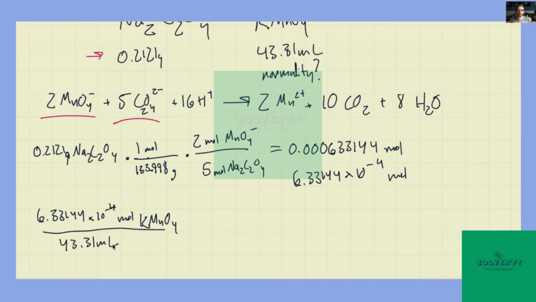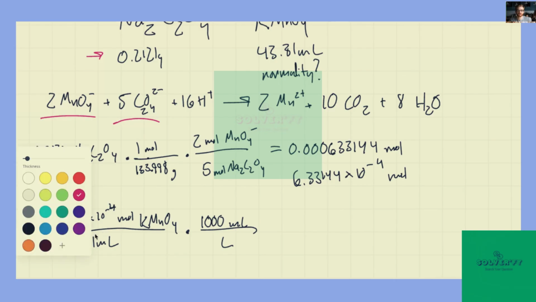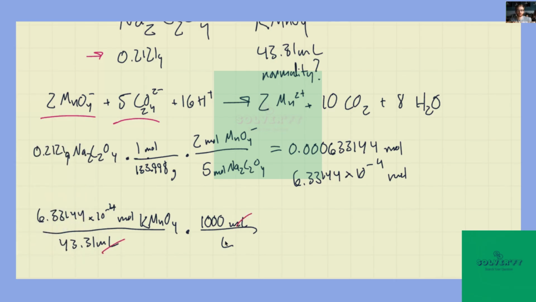But we know that we want liters in the bottom, not milliliters. Right, so we'll use a conversion factor to convert mL to liters. There are 1,000 milliliters per liter. If we look at this, what it would do to our units, we'd lose mL, but we'd have liters in the bottom, so that's exactly what we want. Okay, so now we just need to plug all this into a calculator.